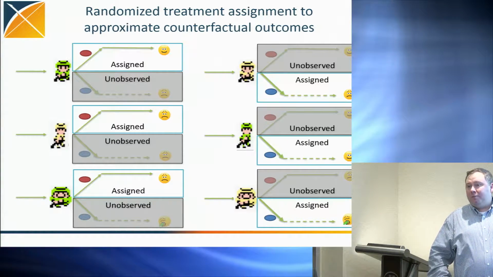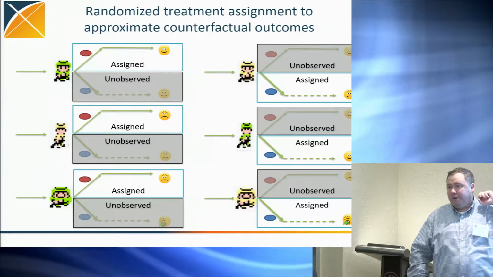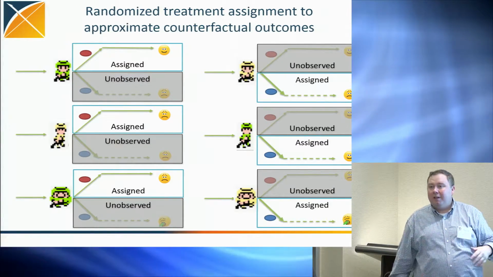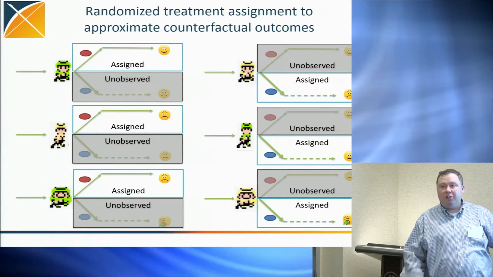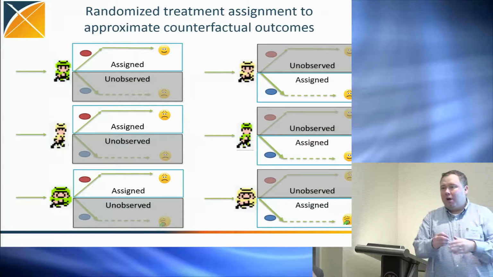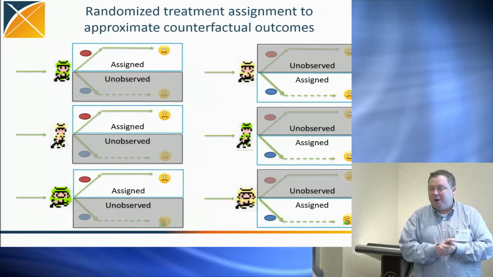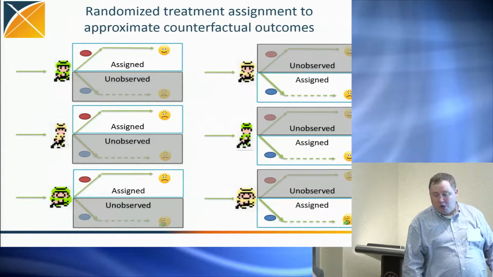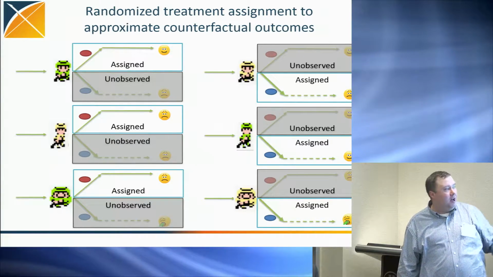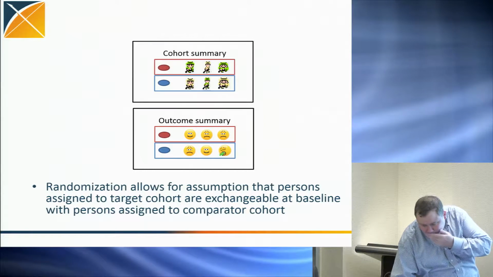You're not going to observe for that person what was happening on the blue pill. But you hope through randomization that if you create two populations, you're going to end up with a population that is sufficiently comparable to the population that was equally randomized to the blue pill. And so what you're doing is you're drawing a contrast between what you can observe in the assigned groups there.